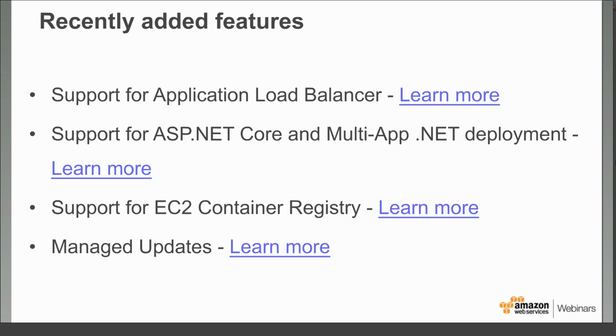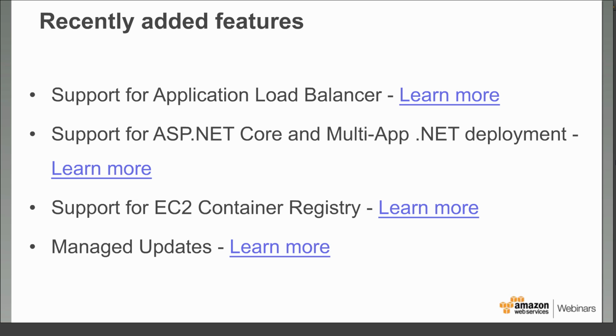So we recently released the application load balancer, which is a layer 7 load balancer that is generally available now, so to speak. So this is really great. We're adding support for that in Elastic Beanstalk, in the EB CLI specifically. So it's not available through the console quite yet, but that is coming.